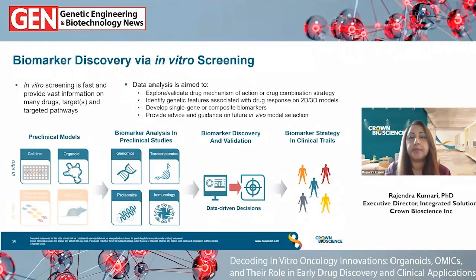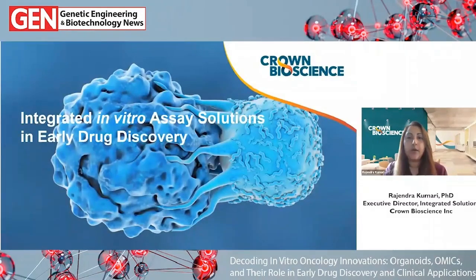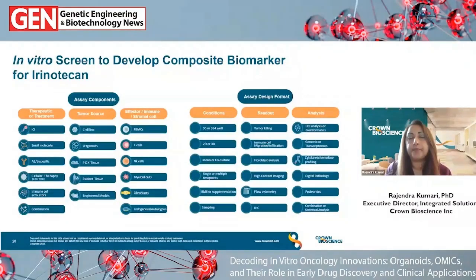So for this last part of the webinar, I'll give you some examples of different types of assays that incorporate different components and different conditions for these specific therapeutics. And as mentioned earlier, the design can be tailored to meet very specific needs based on the therapeutic agent or the stage of development.